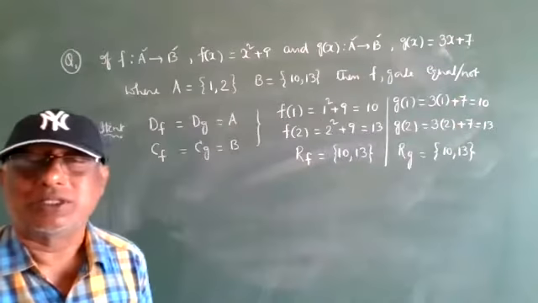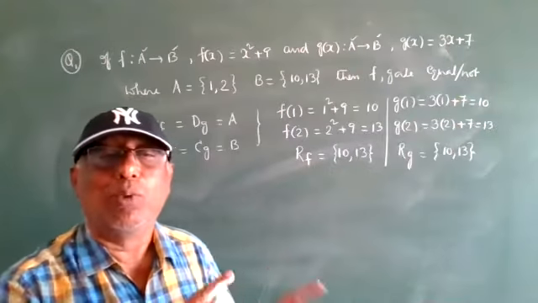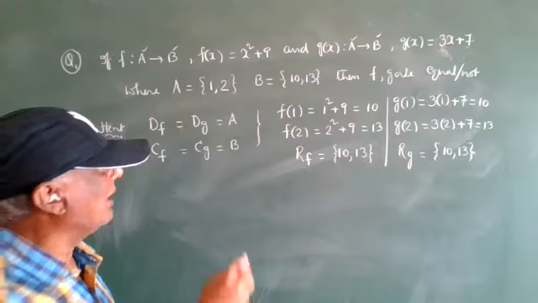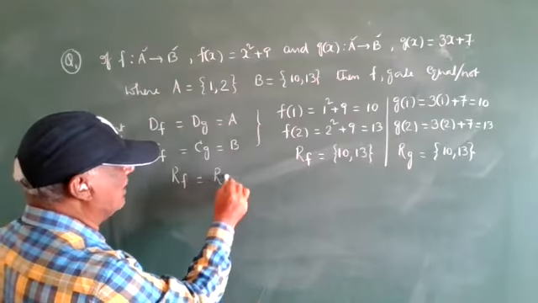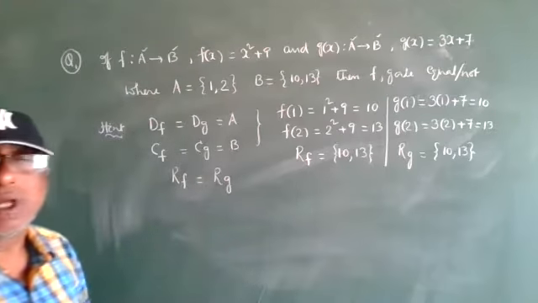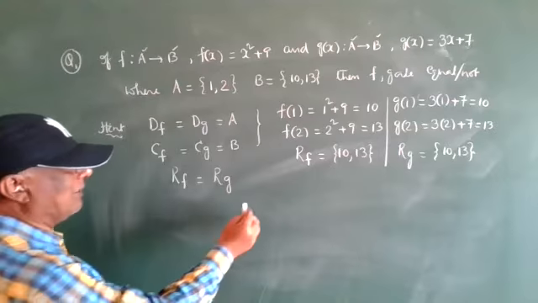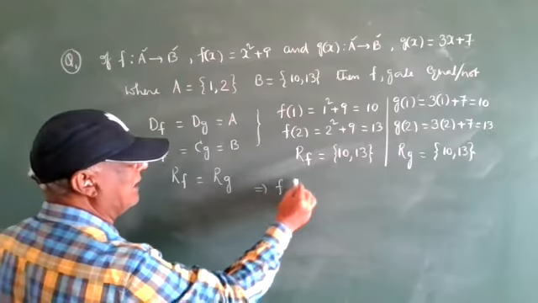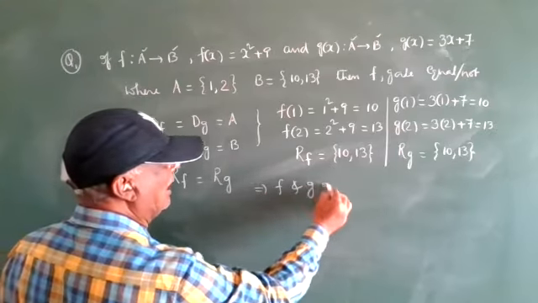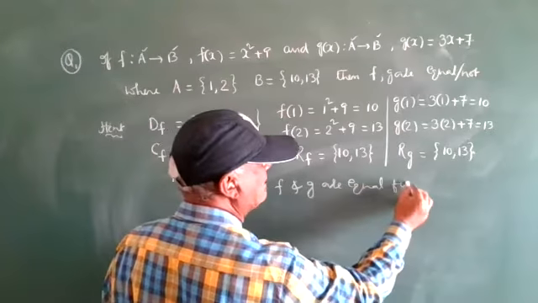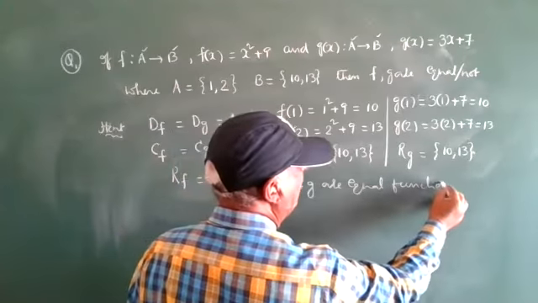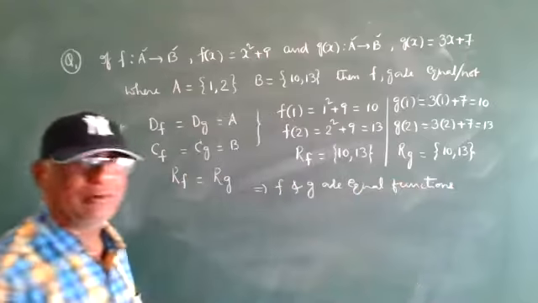Therefore, the range of g is also 10 comma 13. Both ranges are equal, so the range of f is equal to the range of g. Therefore, f and g are equal functions.